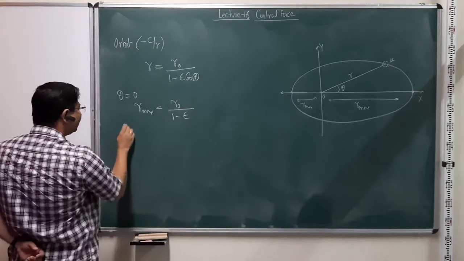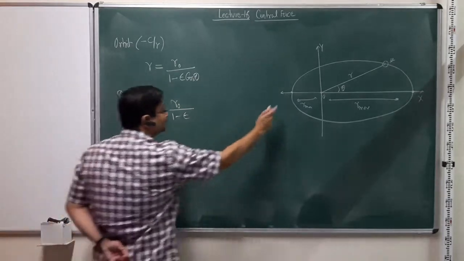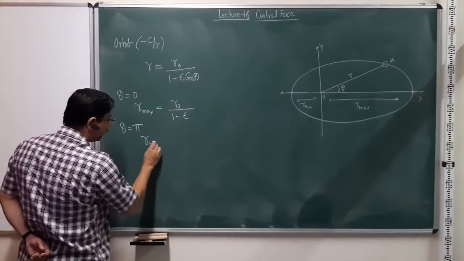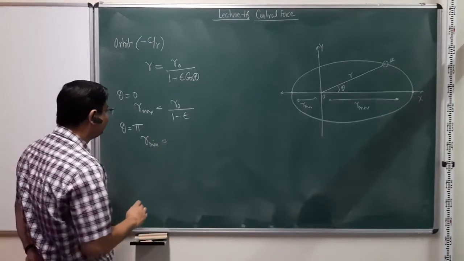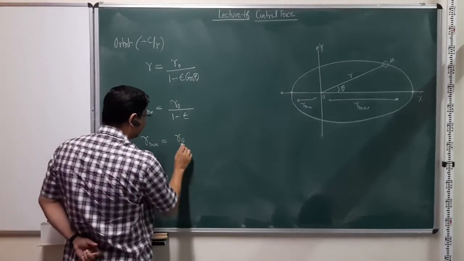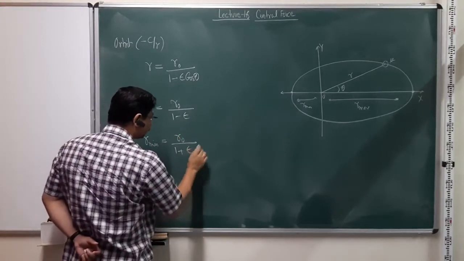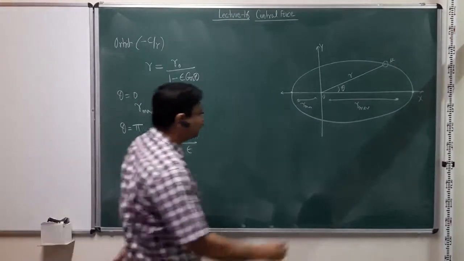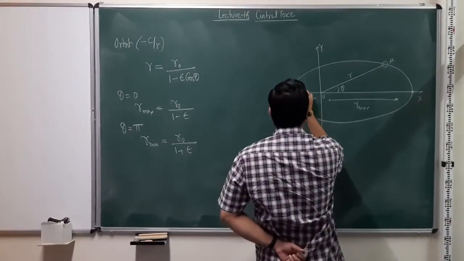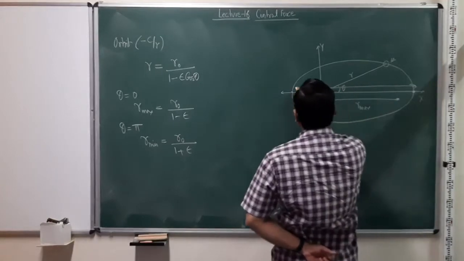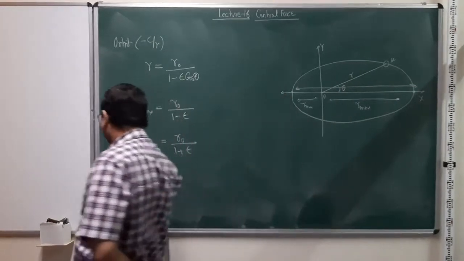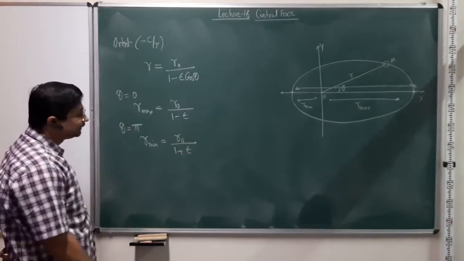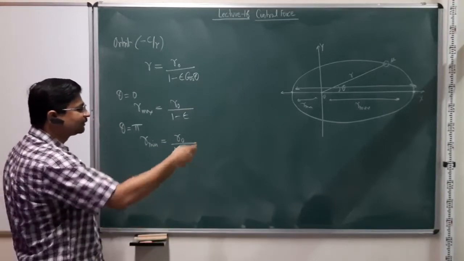Similarly, at theta equal to pi, so that is this location, the orbital distance will be minimum, r min, and its value will be r0 over 1 plus epsilon. We also define another quantity, which is the maximum length of the combined distance from the origin.